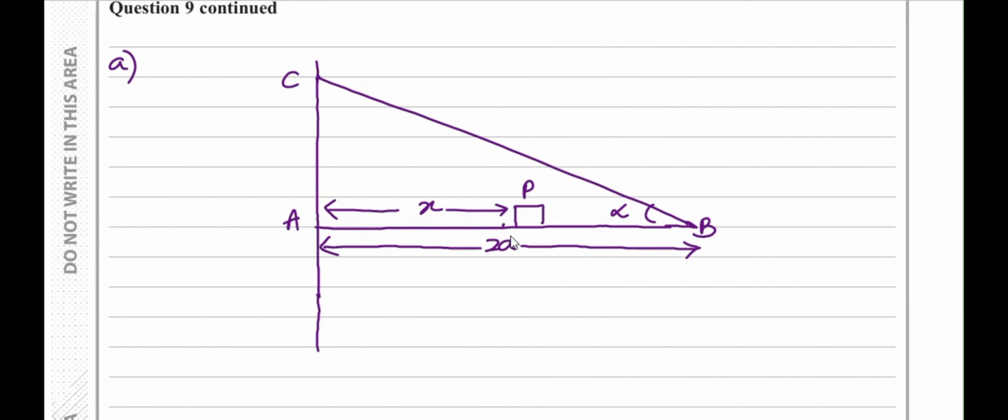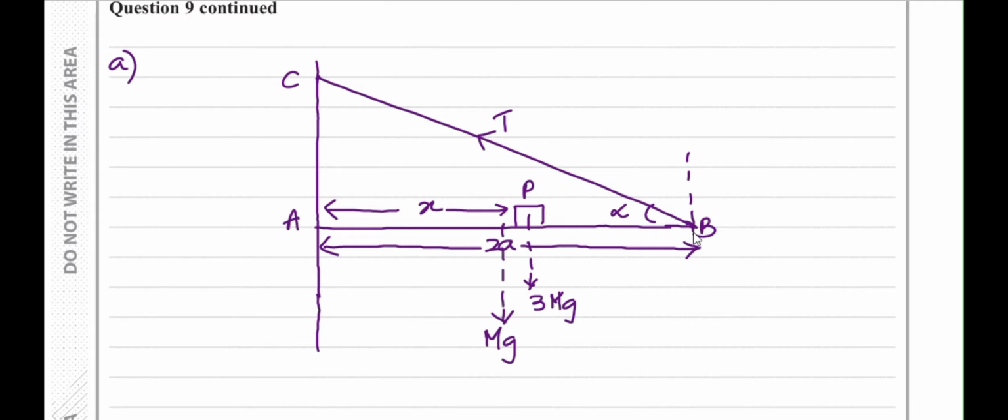Let us now label the remaining parts. It's a uniform rod, therefore its weight acts directly from the center point, which is a from A, and its mass was given to be m, so the weight is mg. And P has a mass of 3m, therefore it is 3mg. Now, there is a tension along the rope, so we may have to find the vertical component.